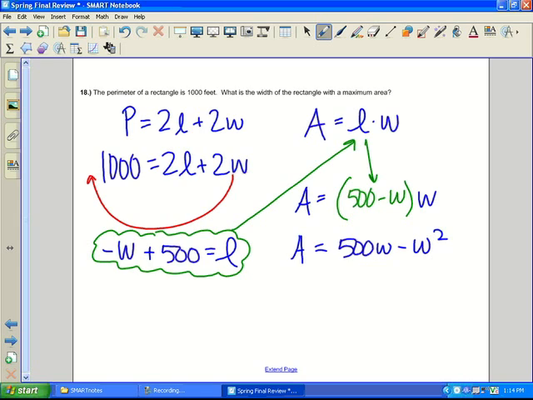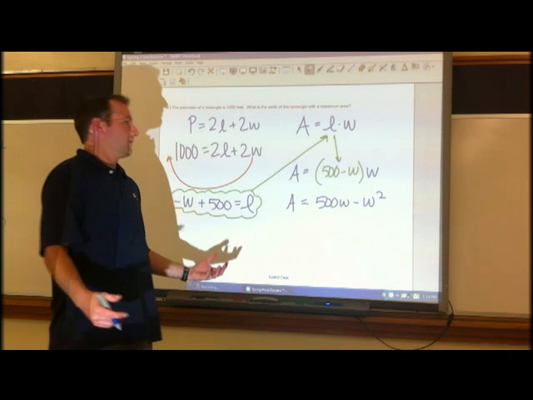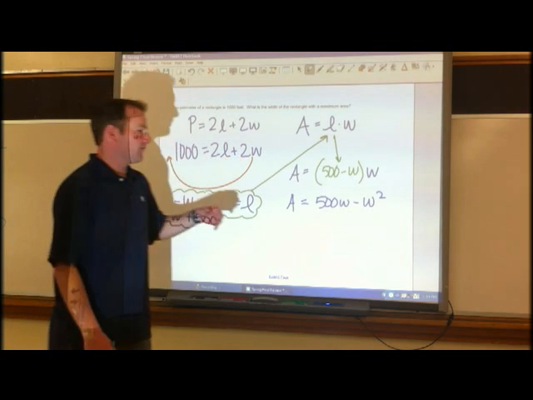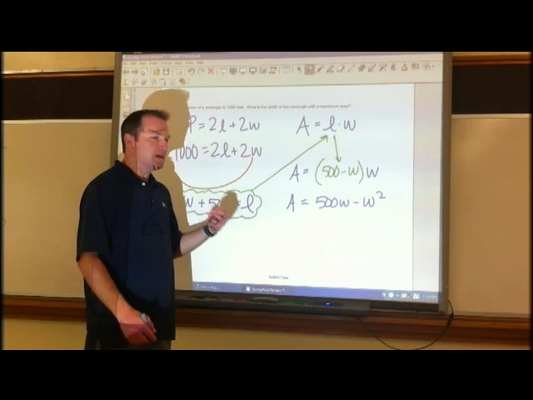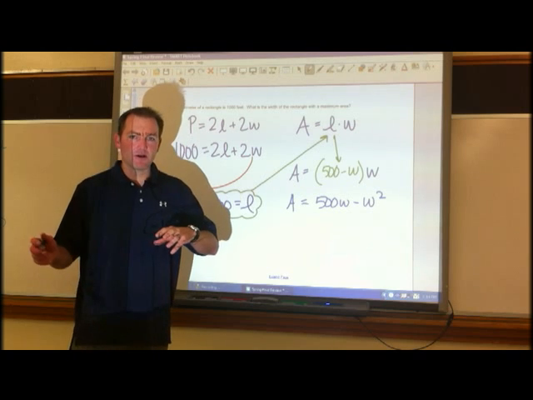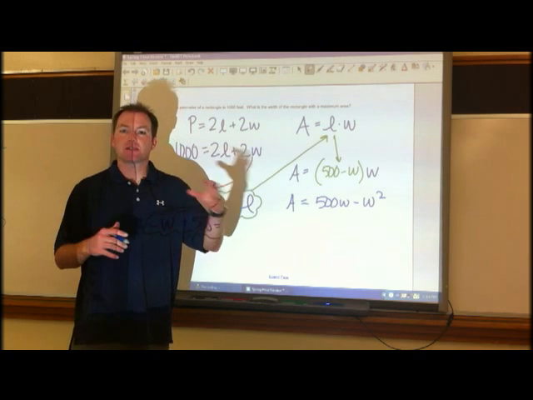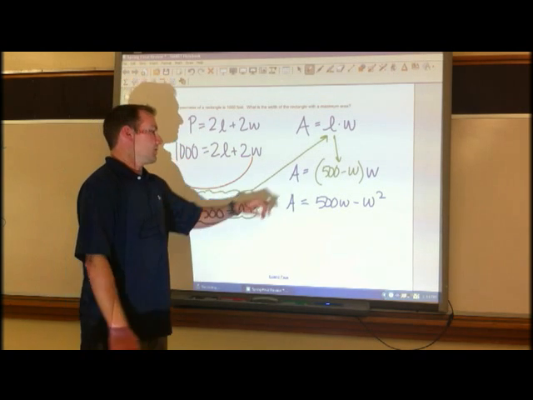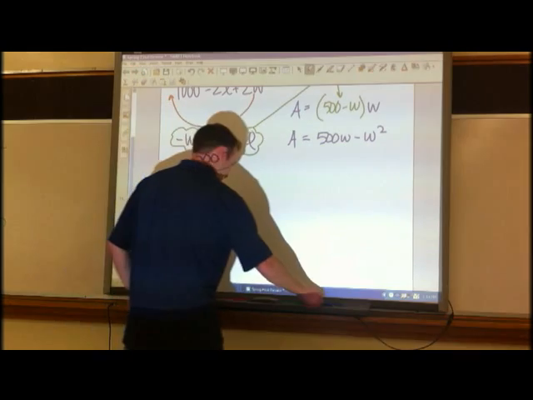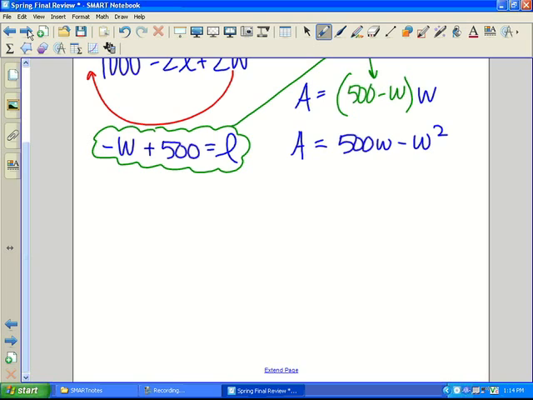So this is an expression that tells me my area based on whatever value of W I want. Well, one of the main applications of derivatives is to find a maximum value. So it's like a main theme of calculus to know that when the derivative of something is 0, the function is either a maximum or a minimum value. So what I want to do here is actually find A prime, the derivative of this.